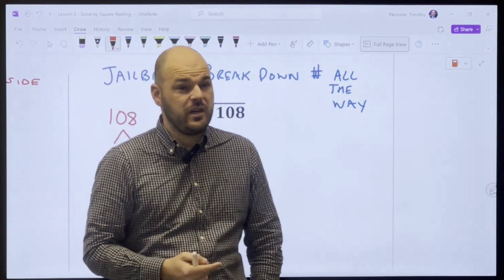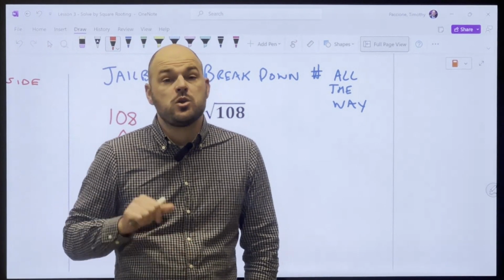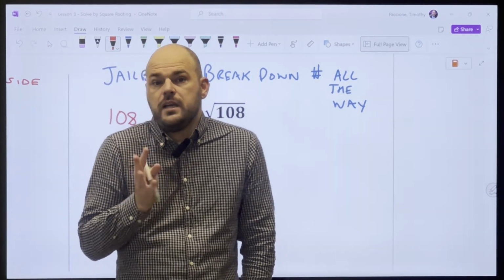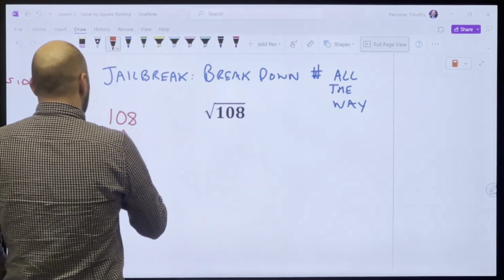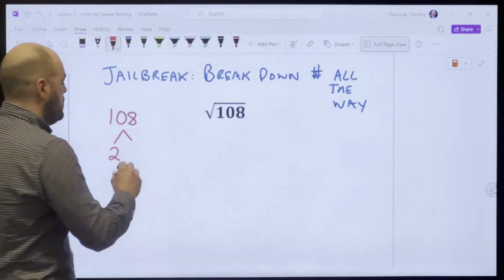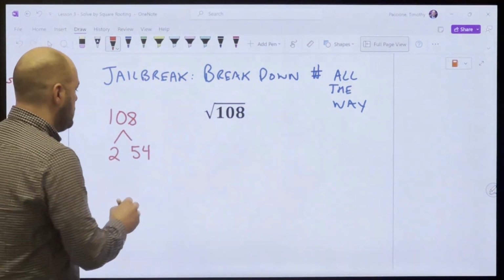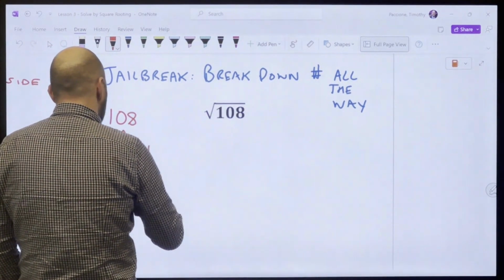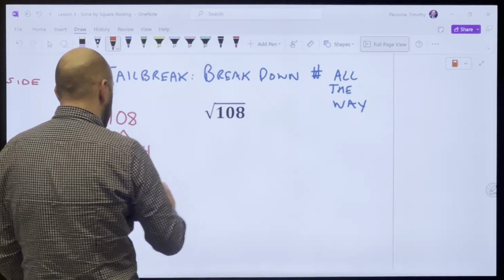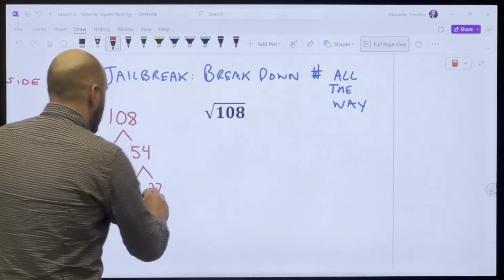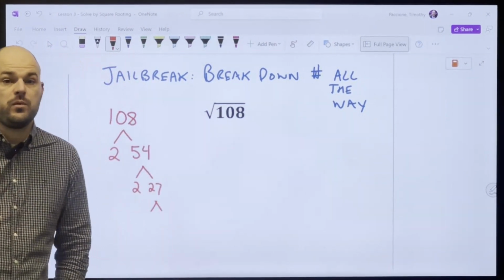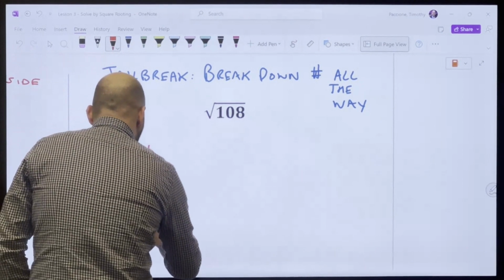So let's say I have 108, and I want to break it down all the way. I'm not looking for perfect squares right now. I'm just breaking it down. So I start small, 2, 3, something like that, right? Does 2 go in? Yeah, 2 goes into this, right? 2 times 54. Then I keep going. 2 and 27, right? And then I notice 2 doesn't go into this, but 3 does. So 3 and 9.